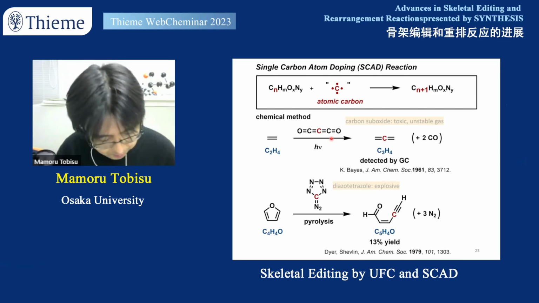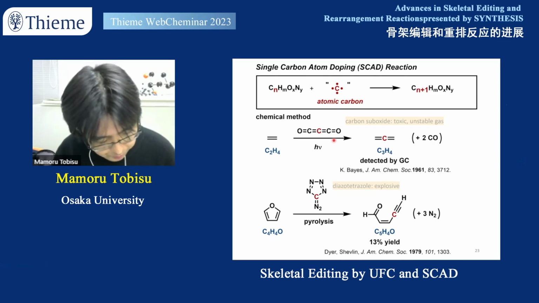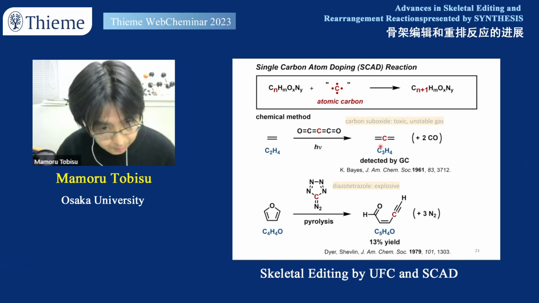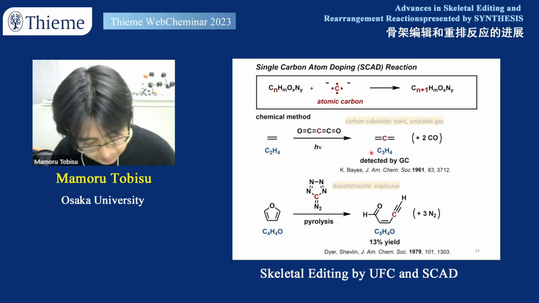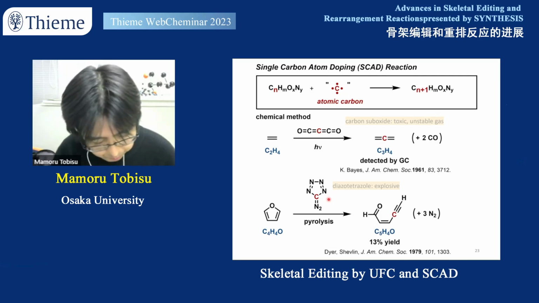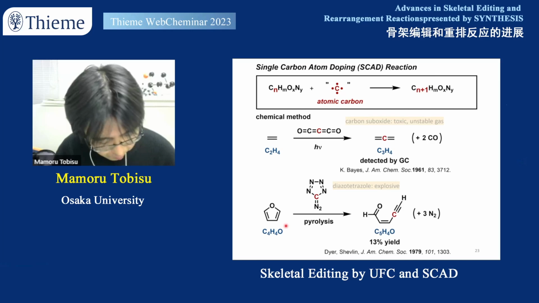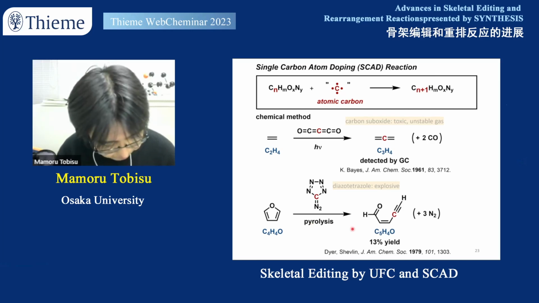And the thus generated atomic carbon is used for the insertion into ethylene to form allene. And this diazotetrazole was also reported to be used as an atomic carbon precursor, which reacts with furan to form an unusual SCAD product, as you can see here.